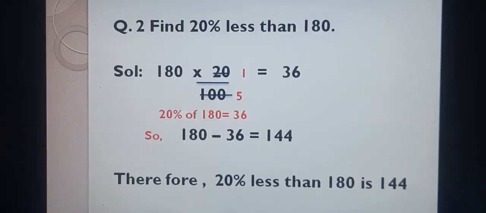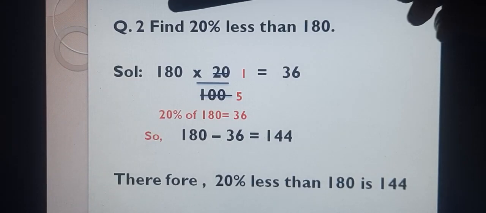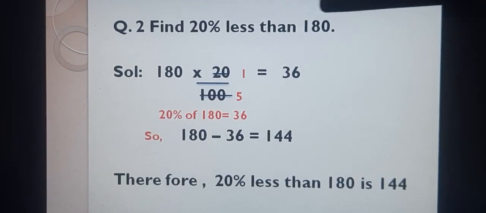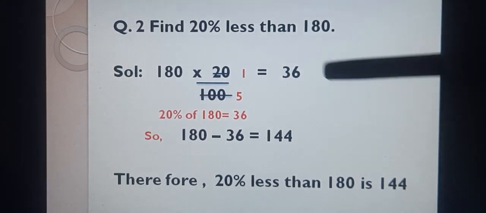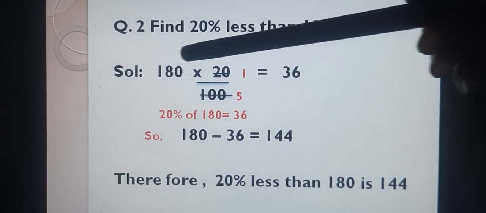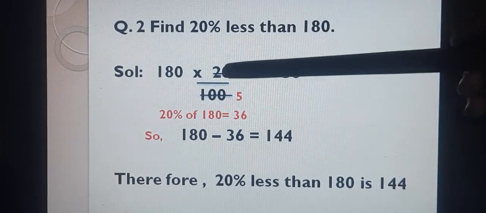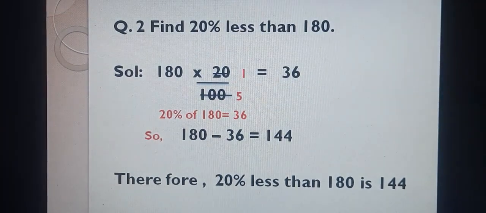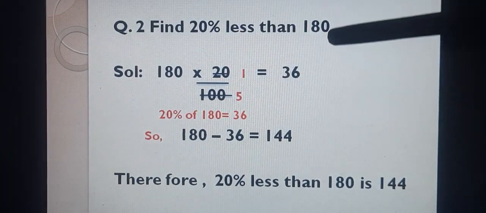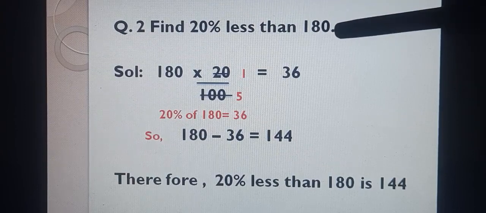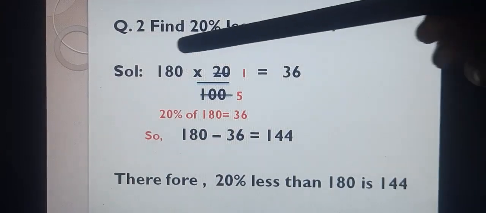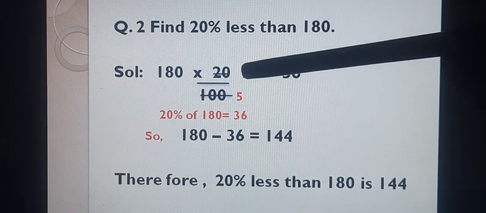Right? Question number 2. Find 20% less than 180. 180 multiply by 20%, that is 20 upon 100. We have to find 20% less than 180, so first we should know how much 20% of 180 is.